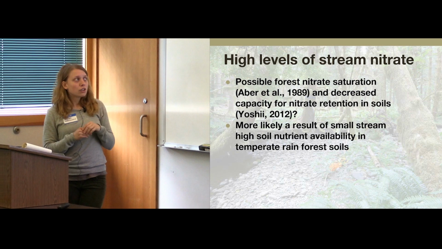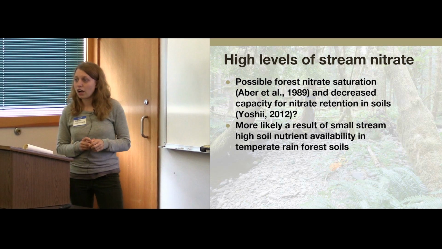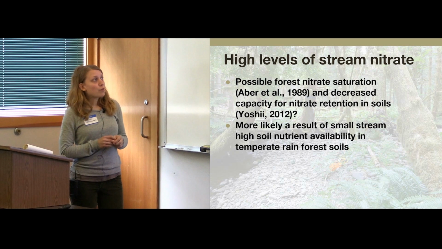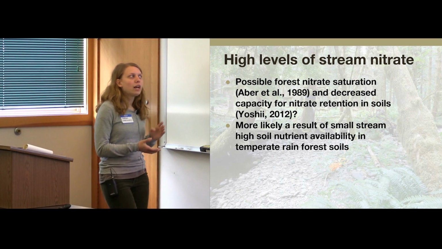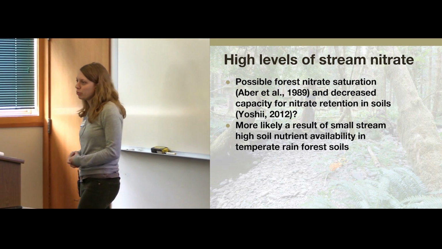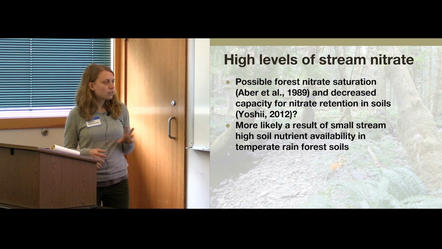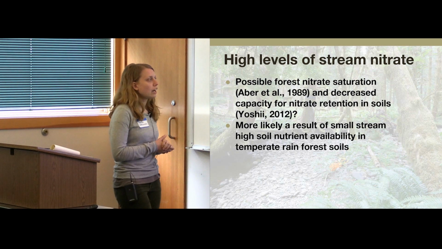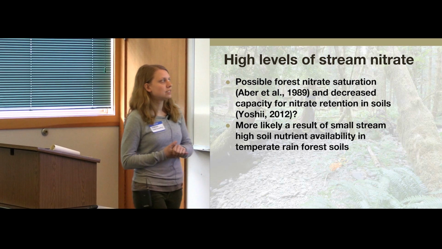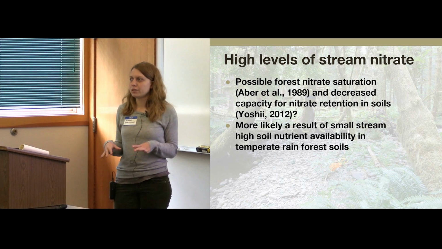These correlations are much stronger closer to harvest times. What's more likely the case is that these are small streams, so they're tightly coupled with the upland environment, and so the availability flushes straight to the streams, and the storms get them there quickly.